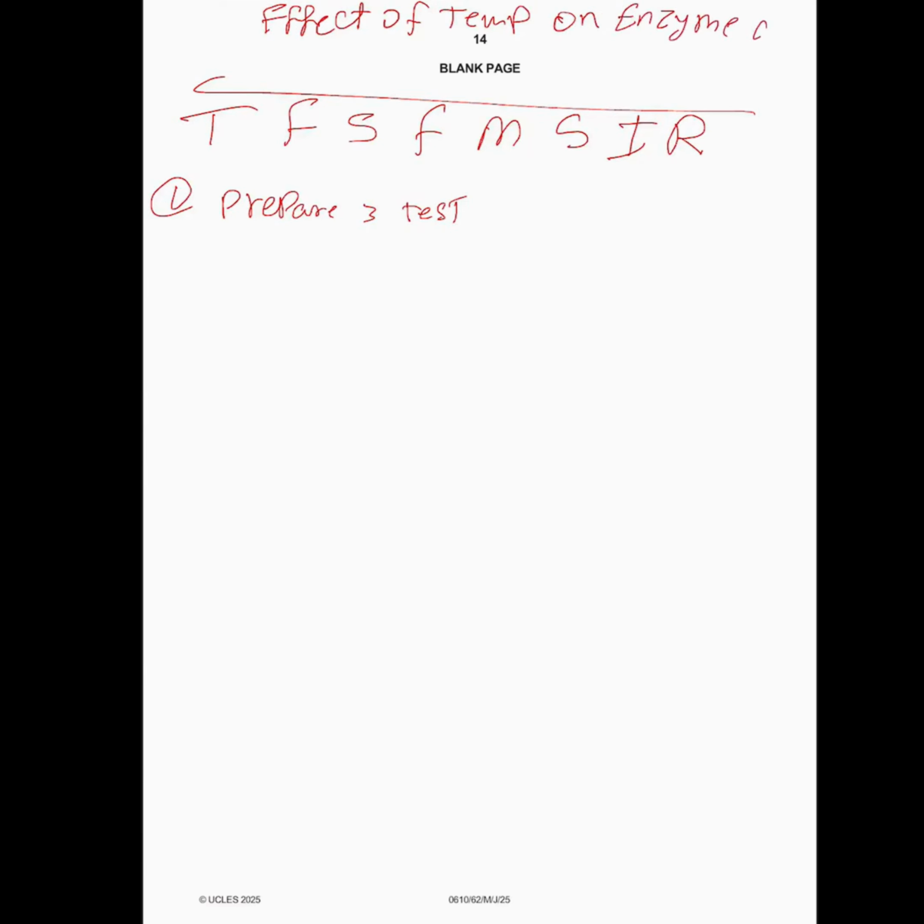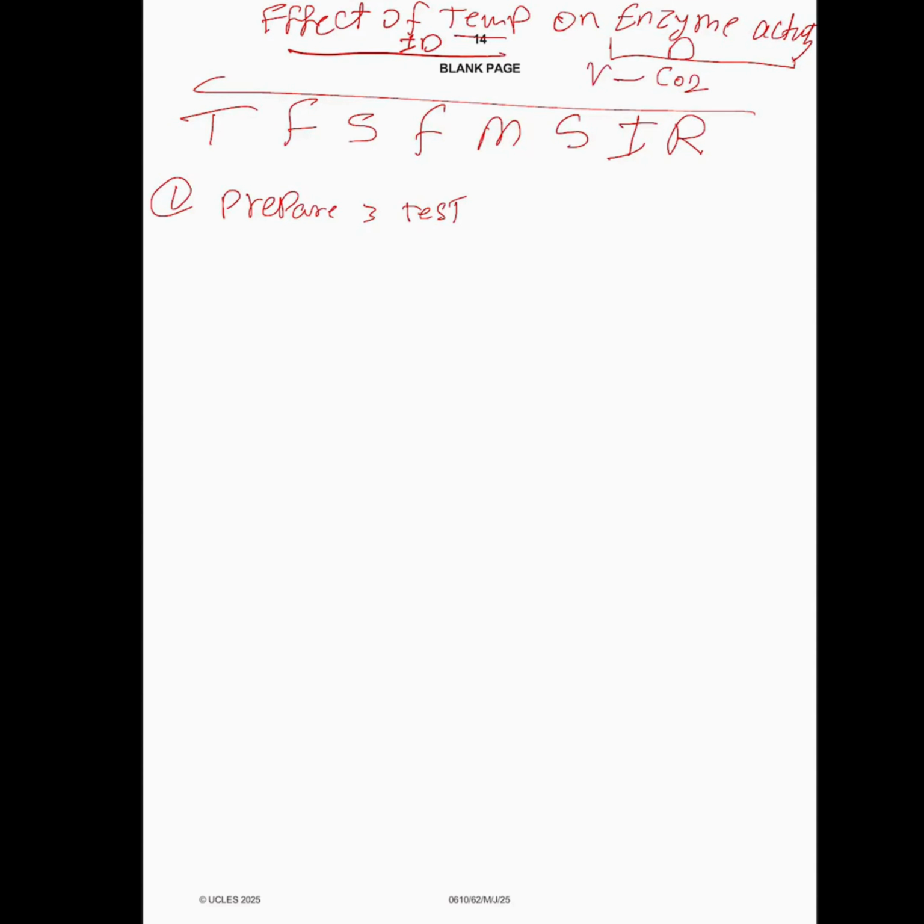A very common question. So, what am I controlling? Temperature. What am I investigating? The dependent factor, which is enzyme activity. If it's, for example, cell respiration in yeast, so what will be produced? Carbon dioxide.